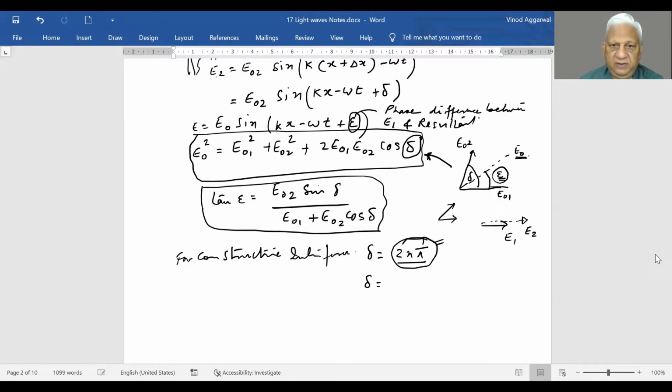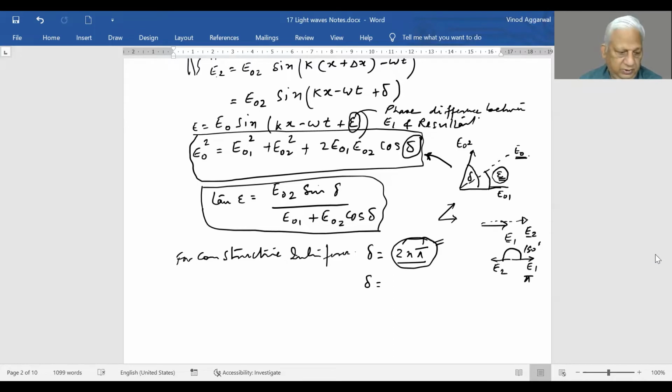And for destructive interference, the two should be opposite to each other. And when will this happen? This happens when the phase difference between the two is 180 degrees, or pi.